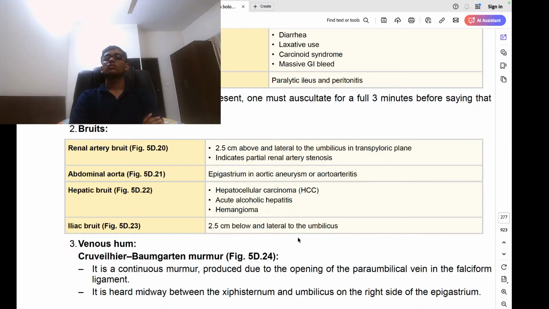Then venous hum is Cruveilhier-Baumgarten syndrome.